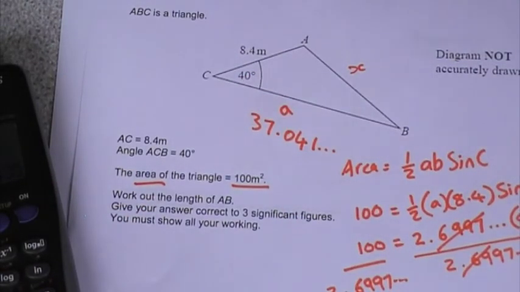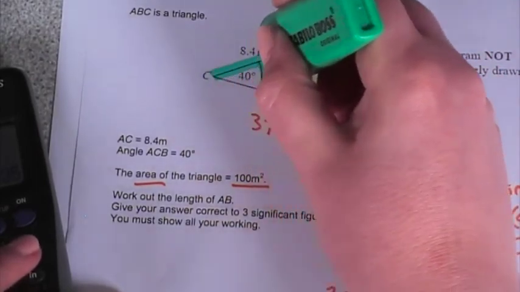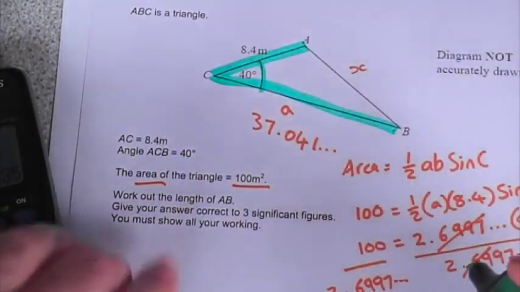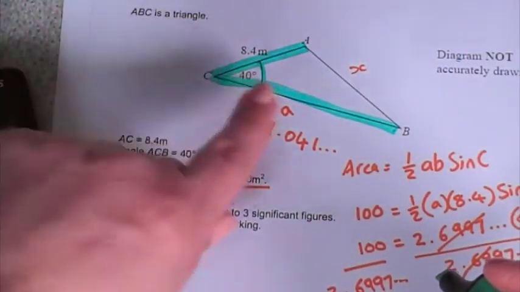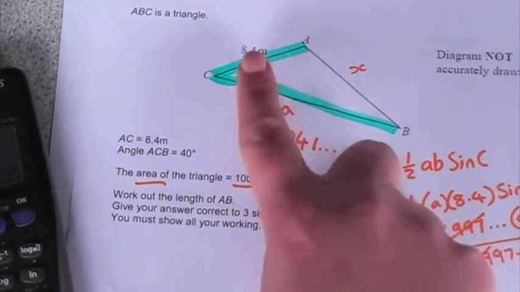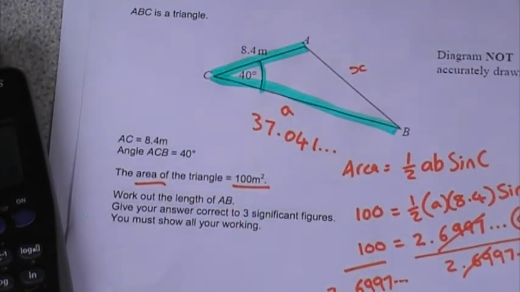But now hopefully you can see I've got this angle, which is sandwiched. Let me get my highlighter. I've got this angle, which is sandwiched between that length and that length, both of which I know. So to find that angle, I can use the cosine rule. 3 sides in use, plus the angle sandwiched between the two known sides.